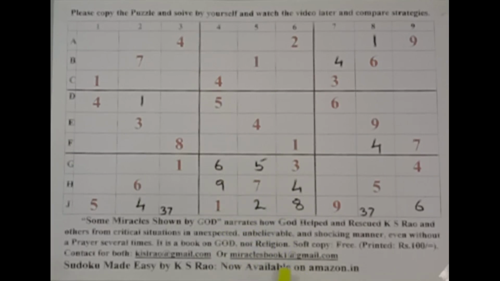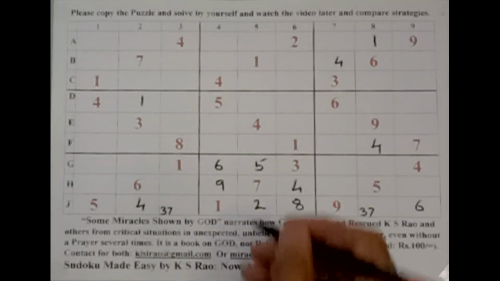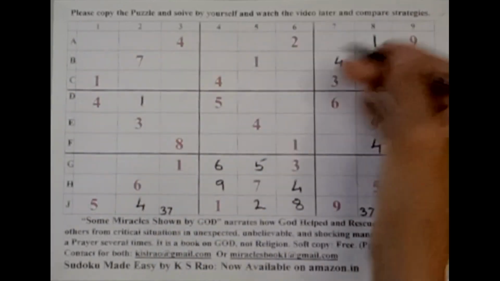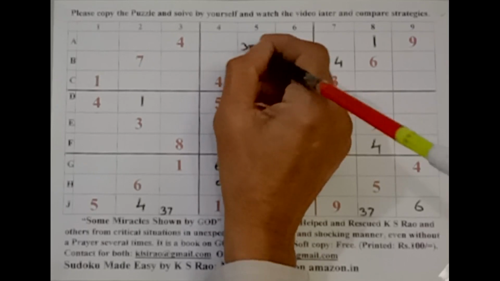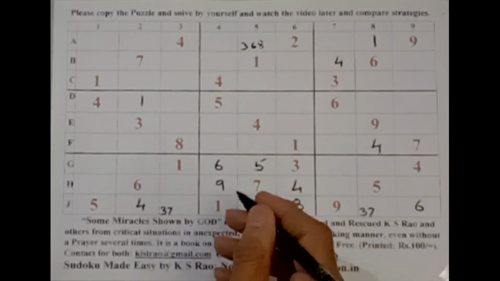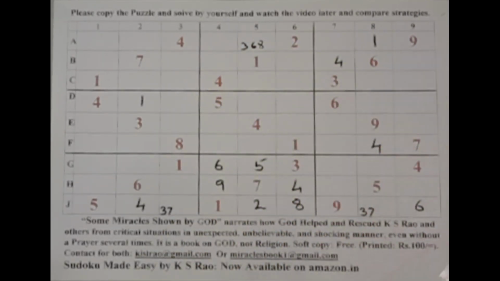What we need is number 3, 6, 8 and 9. Okay. We have only 9 there. So 3, 6, 8 we write here. Here we have only 3.